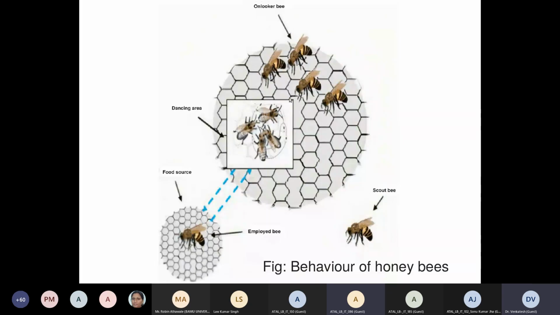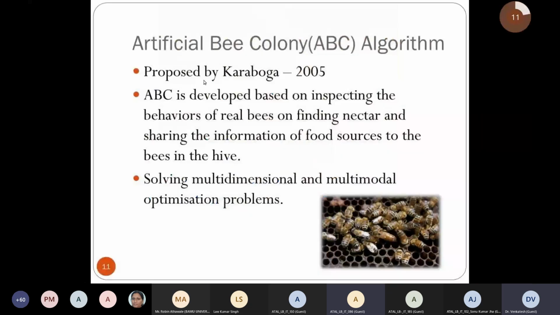So this is basically what happens in nature during the natural foraging behavior of honeybee swarms. Inspired by this, one scholar, Dervis Karaboga, proposed the artificial bee colony algorithm in 2005. And from then onwards, many researchers started working on it.